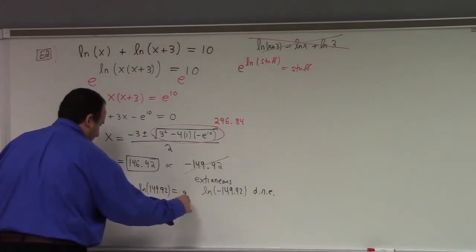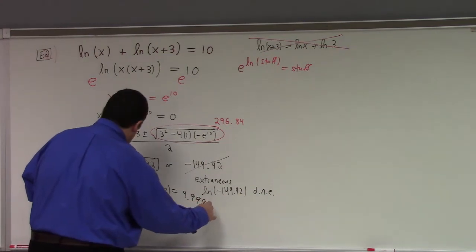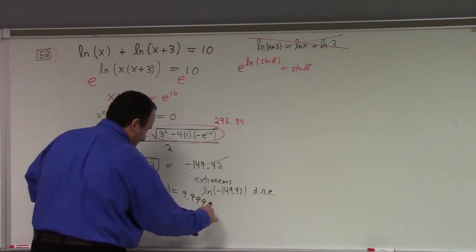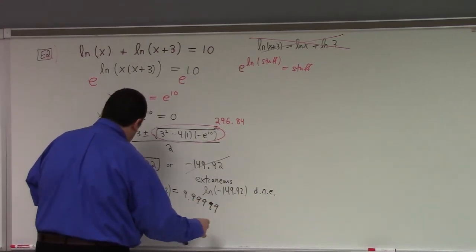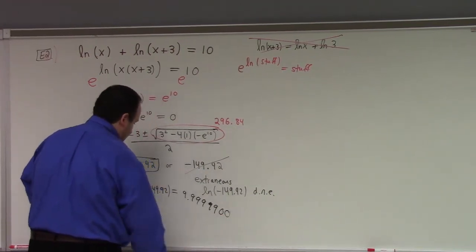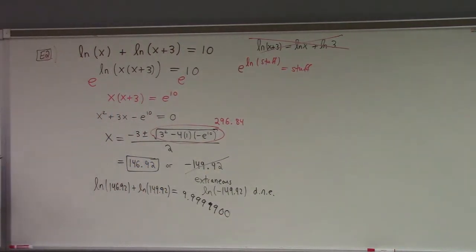I get 9.99995 and then 0. So I think it's fairly clear that that one worked, up to the approximation that I've kept. Are we good? Let's do the other one.